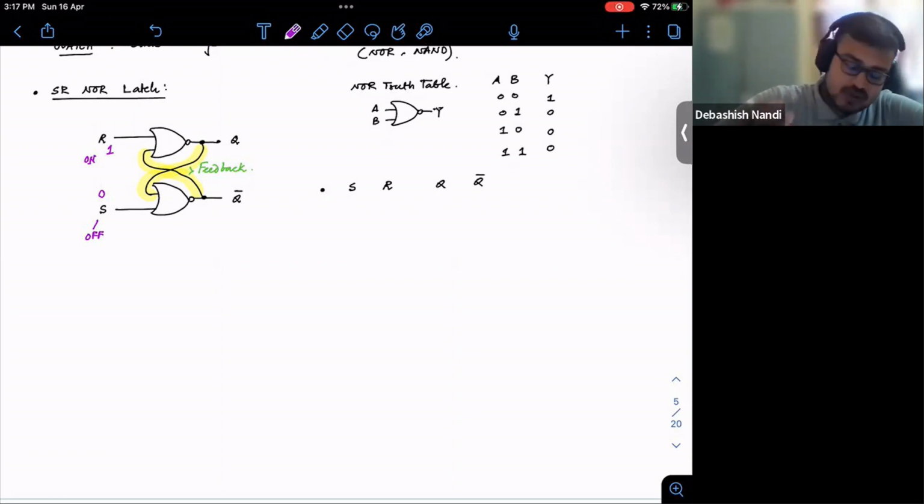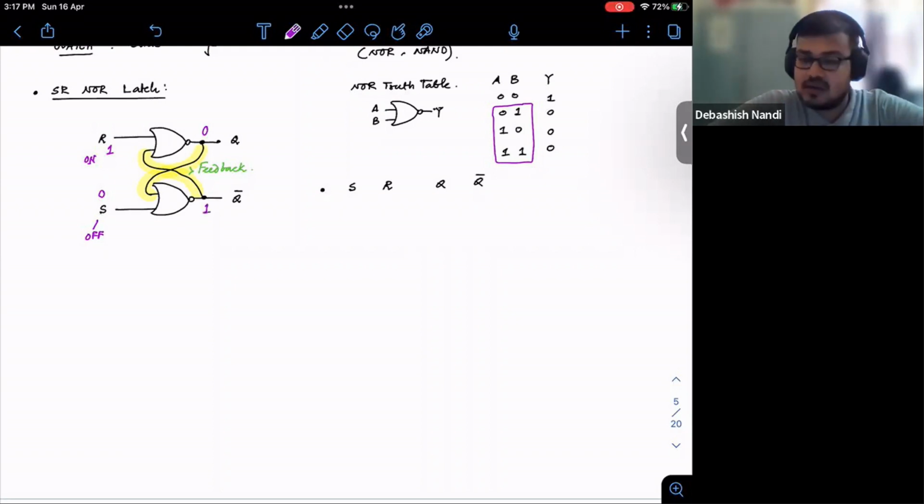So how does it work? You see from the table, you can see that if any of the input of the NOR gate is 1, right? Any of them is 1, then the output is 0. So in the top case, the output will obviously be 0 and this will be 1, right? Because this is nothing but your Q bar.